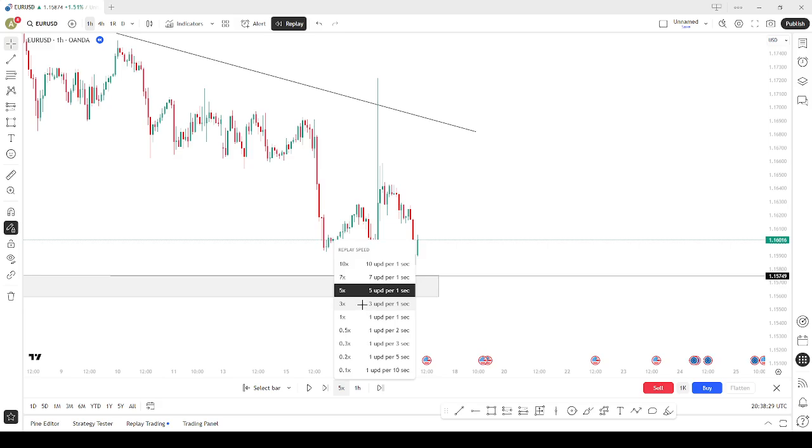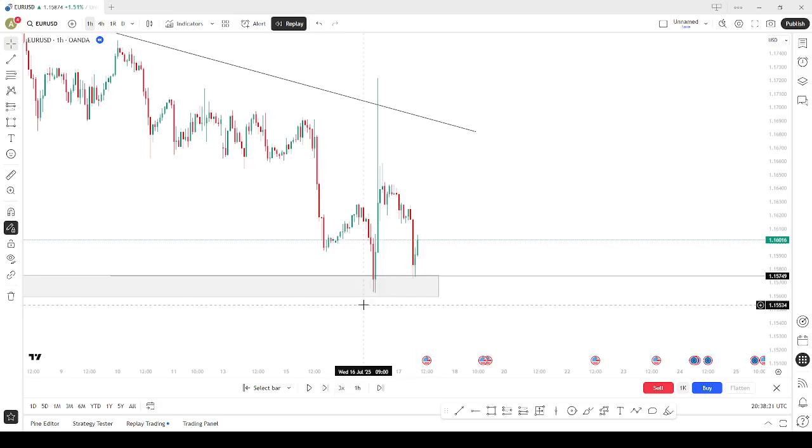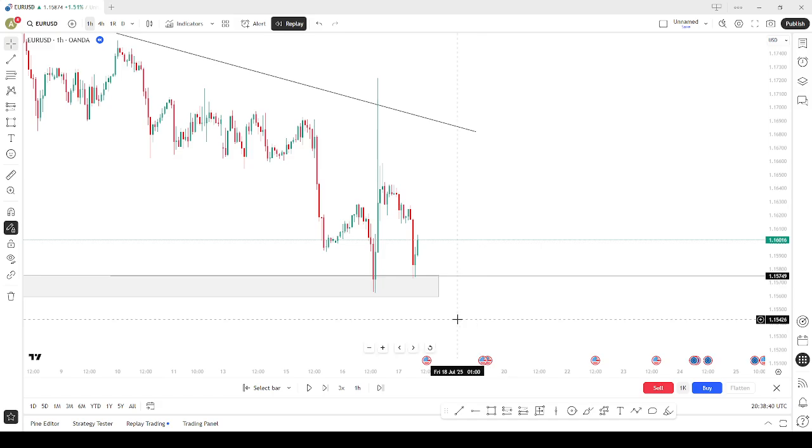So this video was talking about how we can trade the retracement, but I've also got another thing. This is how you can get a trade afterwards from an imbalance.